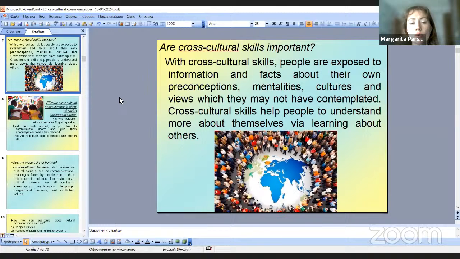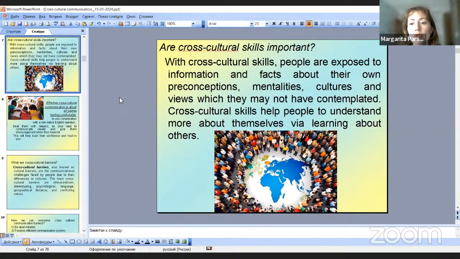Why are cross-cultural skills so important? We can be sure that with cross-cultural skills, people are exposed to information and facts about their own preconceptions, mentalities, cultures, and views, which they may not have contemplated.